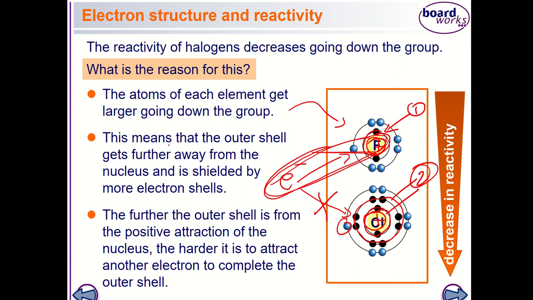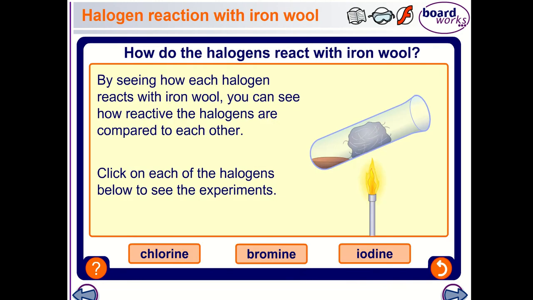So when you're explaining the change in reactivity down the group, you talk about the size of the atom as you go down the group, you talk about the distance of the outer shell from the nucleus, and you talk about the fact that it is more shielded because there are more electron shells in the chlorine versus the fluorine in this instance, and because of that it is harder to attract that electron that those elements need in order to get a full outer shell.